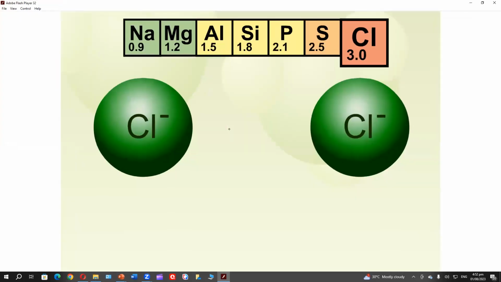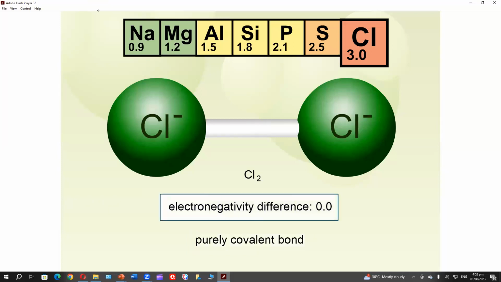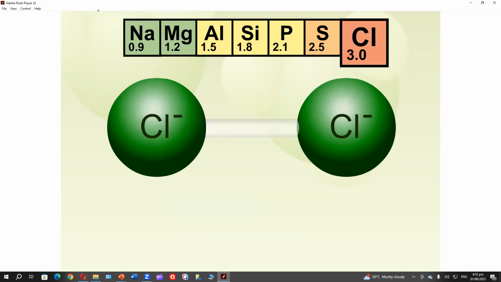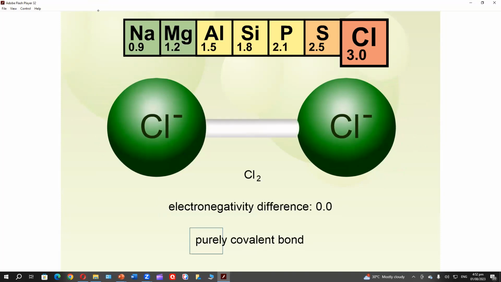The bond in a diatomic chlorine molecule is of course purely covalent, since the electronegativity of the linked atoms is identical.